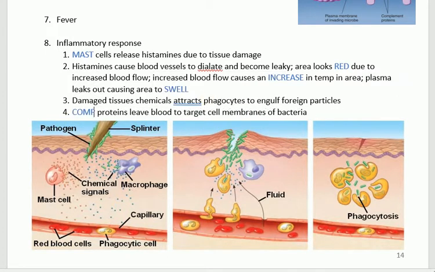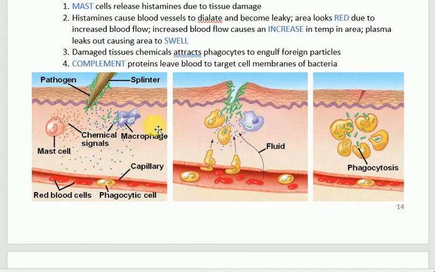And then the complement proteins leave blood to target cell membranes of bacteria. So here, this is showing that. Basically, here you can see we have a splinter, and it has breached the barrier, and it has pathogens all over it, right? So what's going to happen is that when this pathogen enters the area, then the mast cells, you can see they're releasing histamines.